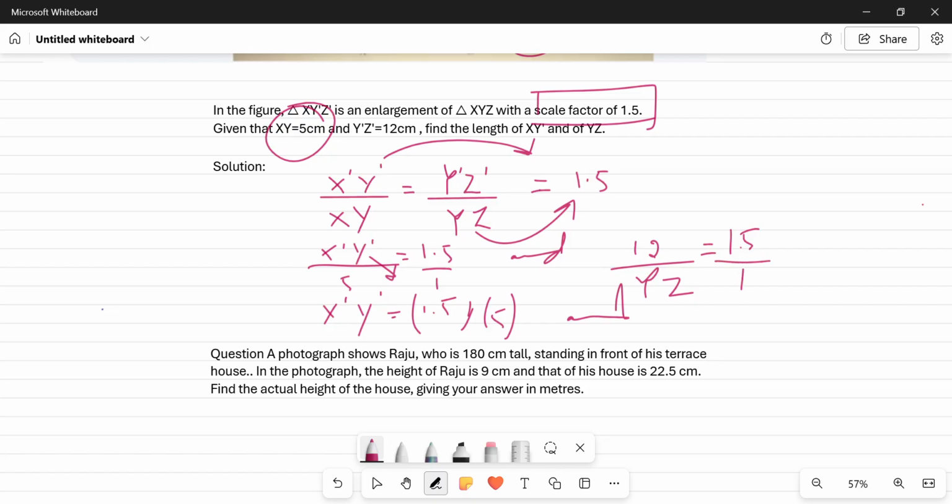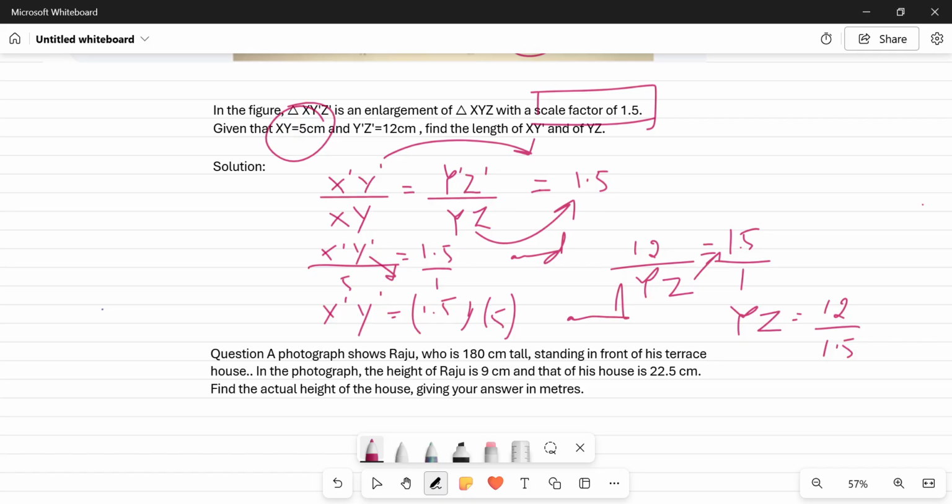Again cross multiply: YZ and 1.5 are multiplying, so how to find YZ? It's 12 divided by 1.5. Multiply by 10 on both sides and simplify, and then divide, and you will get the answer. You need to find the answer by yourself, right?